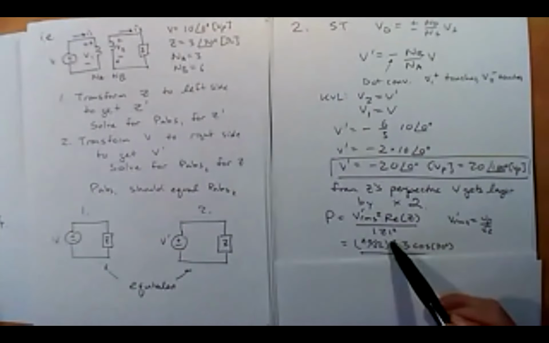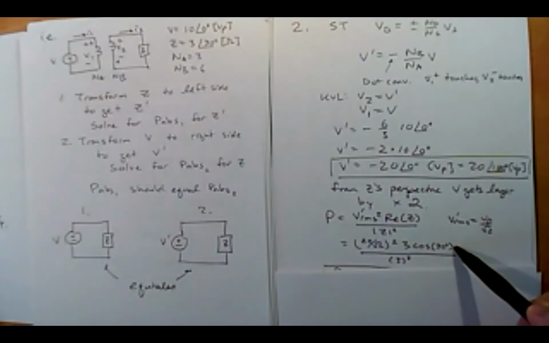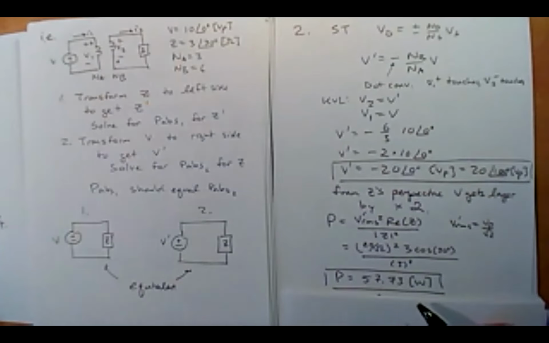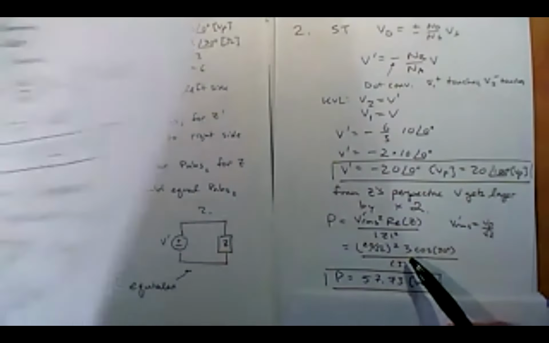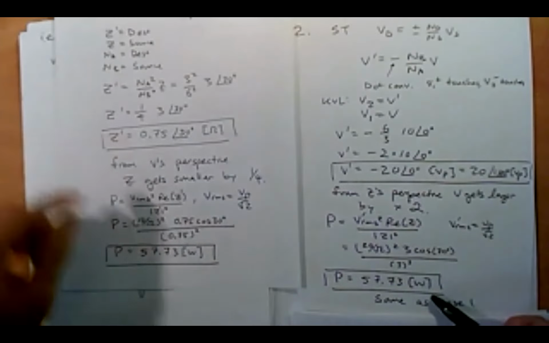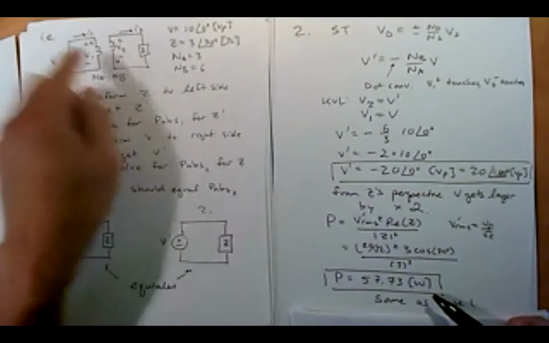The Z is this original one, so the real part is 3 cosine 30, and the magnitude is just the 3 by itself, so 3 squared. And again, if you punch these in your calculator, we get 57.73 watts. So that's nice. We get the same as case 1, so they are consistent, right? So whether we bring this over or bring that over, we get the same power.